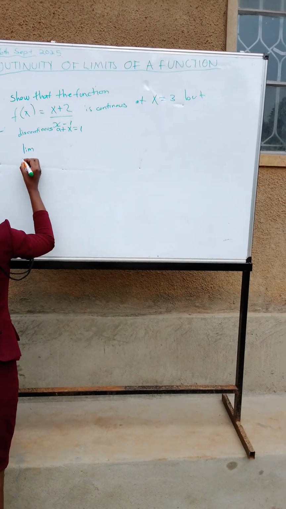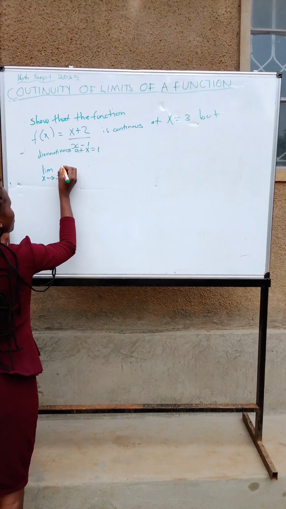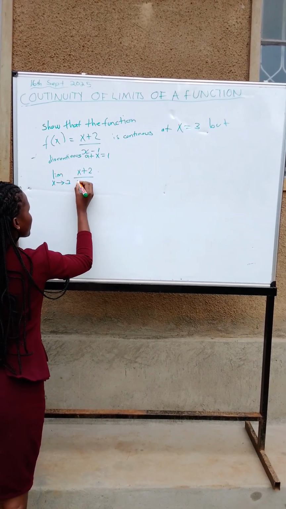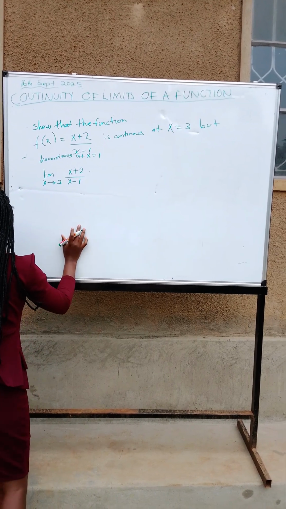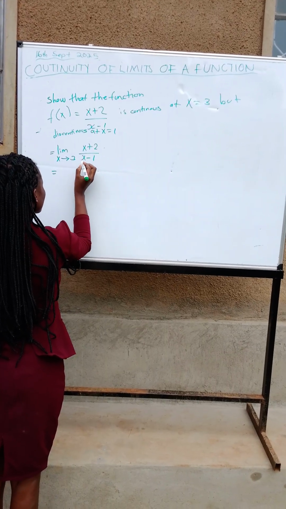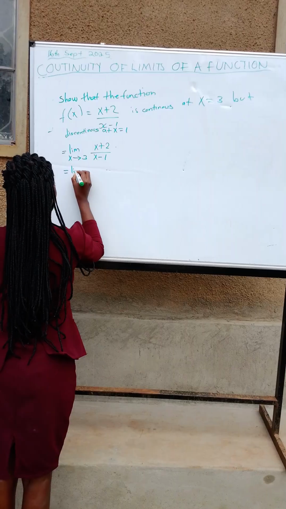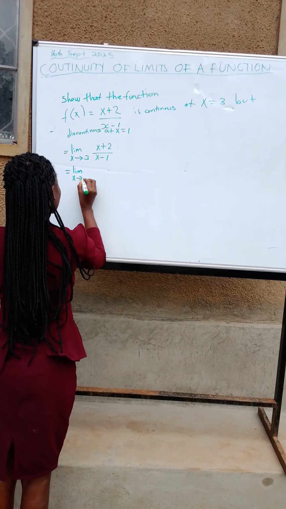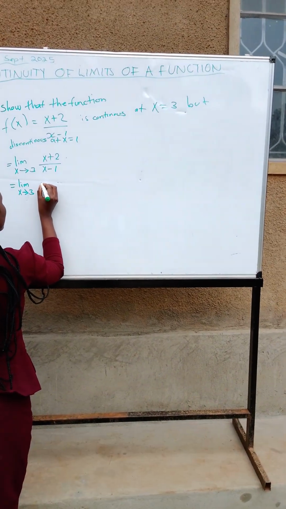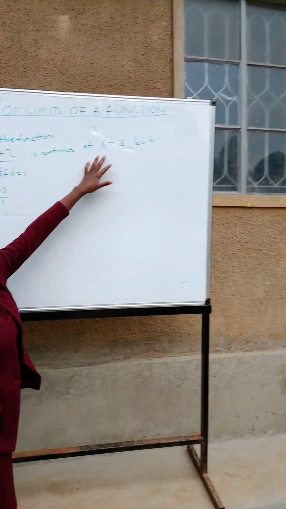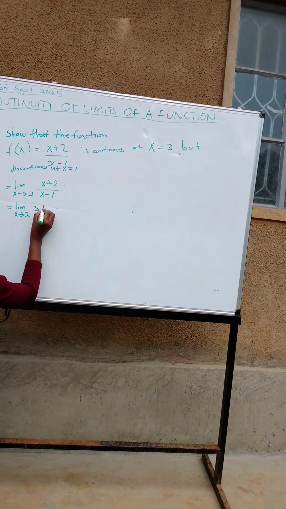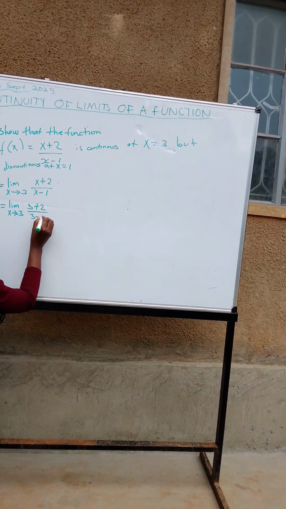The limit as x approaches 3 of this function, which is x plus 2 over x minus 1, is going to be equal to the limit as x approaches 3 of, then we are going to substitute our x value into where we have x in this function, which is 3 plus 2 over 3 minus 1.